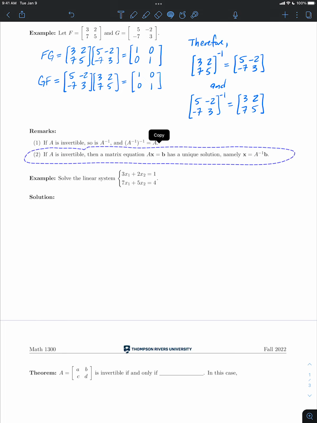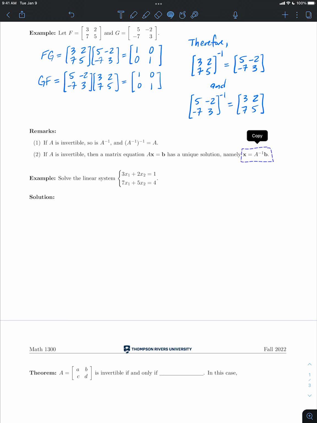That's one thing I haven't told you yet, how to find an inverse if a matrix has one, but we'll come back to that later. But let's say you knew that your coefficient matrix A was invertible and you had access to the inverse, you could write down the unique solution. There would be a unique solution; that's one of the things that follows from your coefficient matrix being invertible. That unique solution would be exactly equal to the constant column multiplied on the left by A inverse.